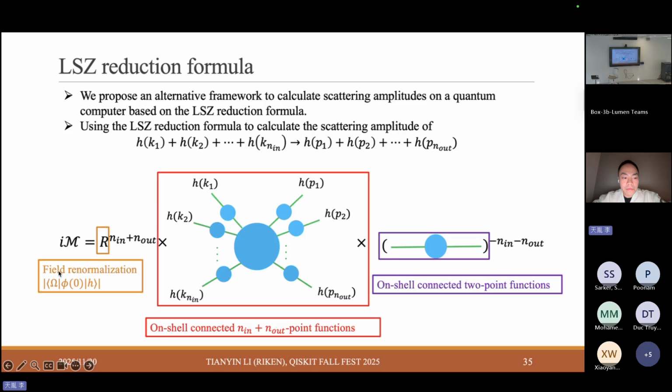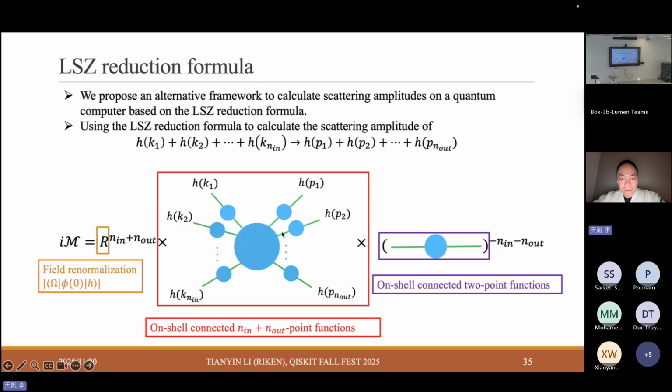The R here is the field renormalization constant, and here is the on-shell kinetic K plus N point correlation function. And the third part here is the inverse of the on-shell kinetic 2-point functions.